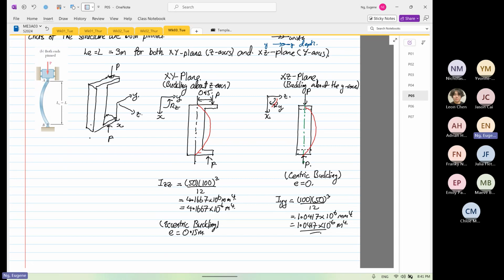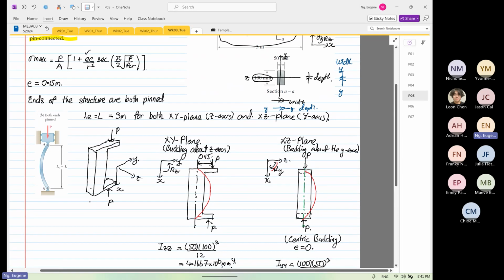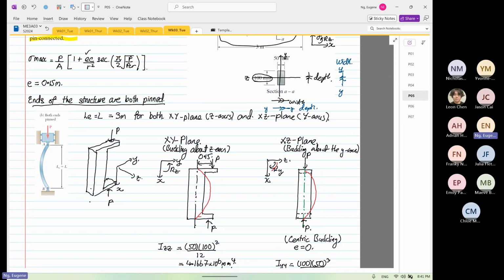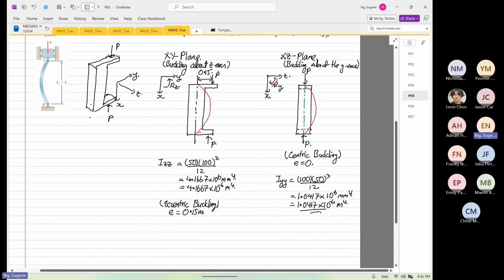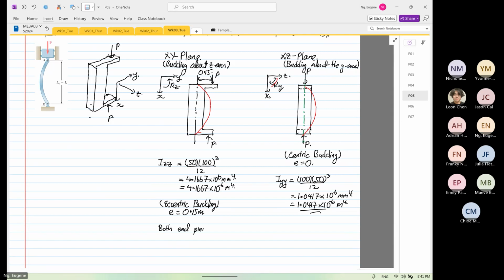So we are given that the ends of the structure are both pin. So regardless of whether it is XY plane or YZ plane, they are both end what? Over here is also both end pin. Okay.